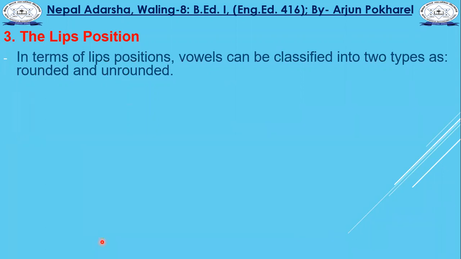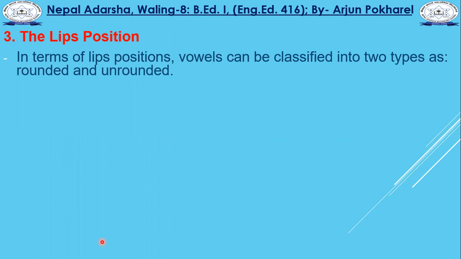In terms of lip position, vowels can be classified into two types: rounded and unrounded vowels. What happens to our lips in the production of rounded vowels, and in the production of unrounded vowels?